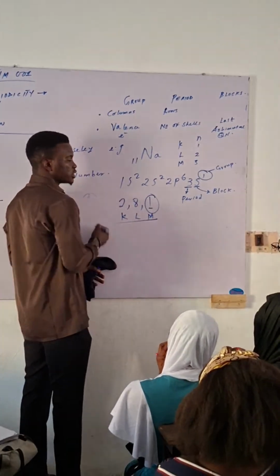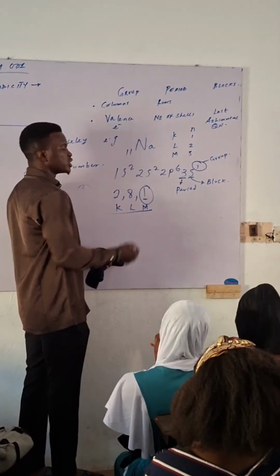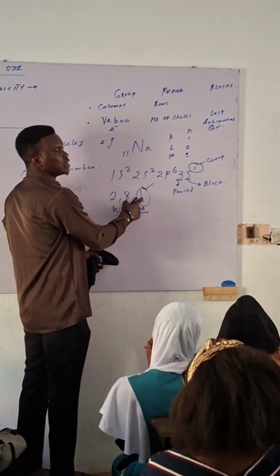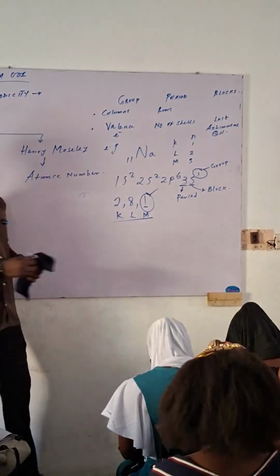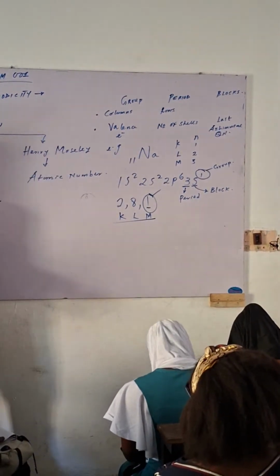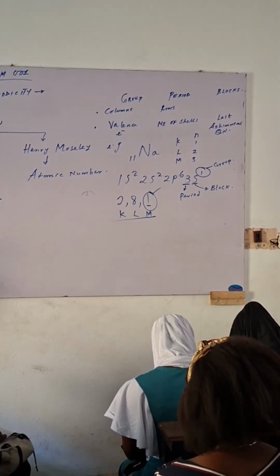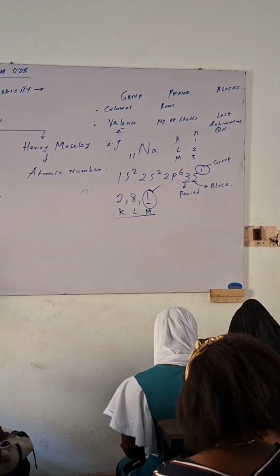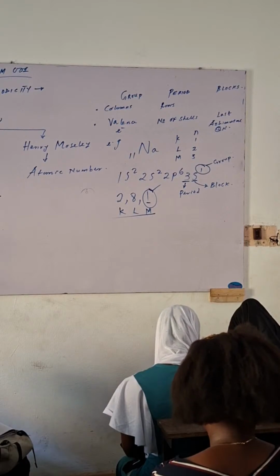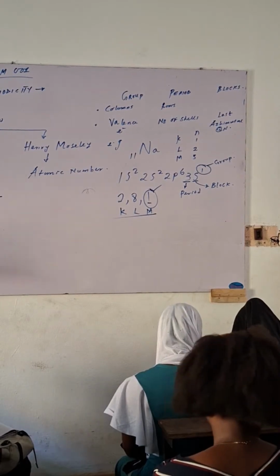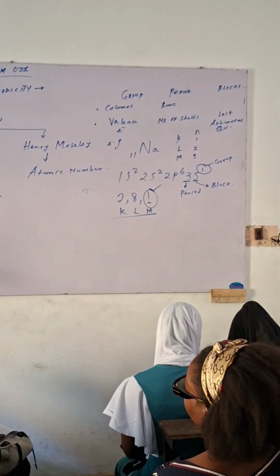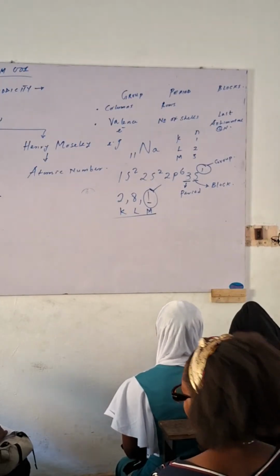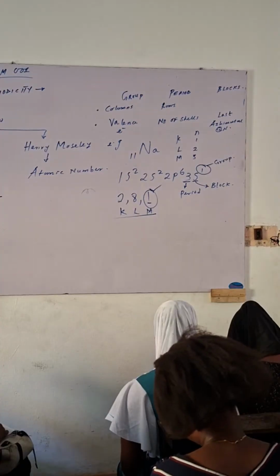So it is in period 3. But you can't tell the block. But since you know it belongs to group 1, and groups 1 and 2 are in the s block. Do you get my point? So please, it's not so hard. Just open your mind. At first, maybe because you lack some knowledge from day 1, it might sound hard, but it's not hard. Consistency makes your persistence to become persistent.